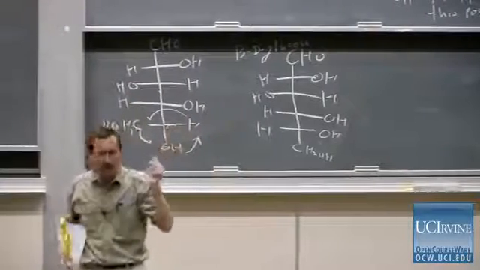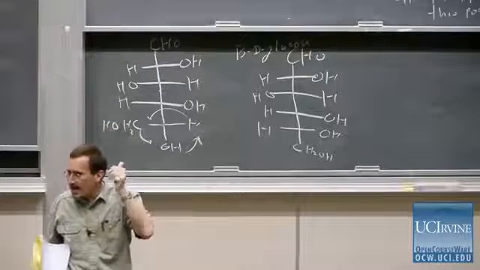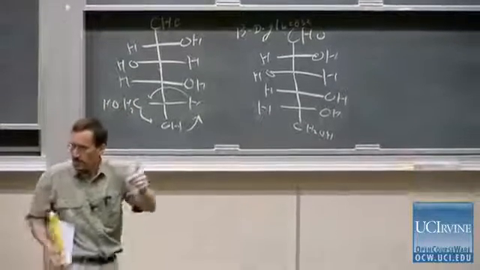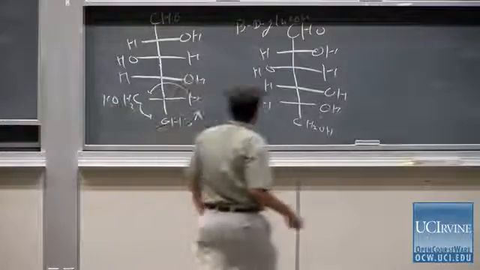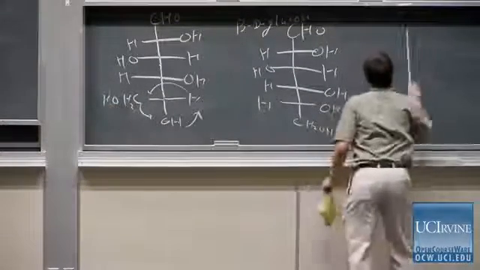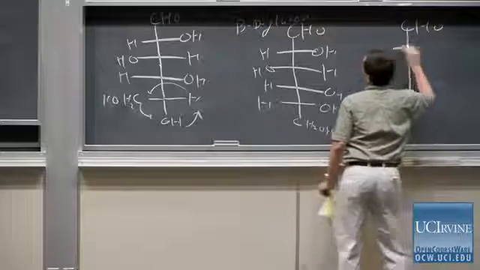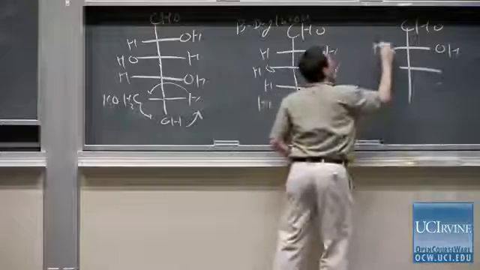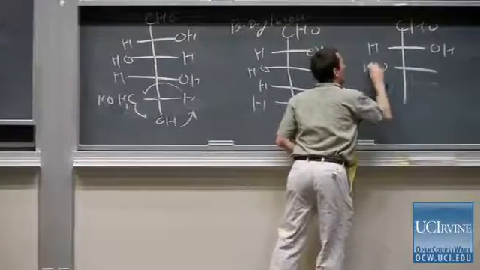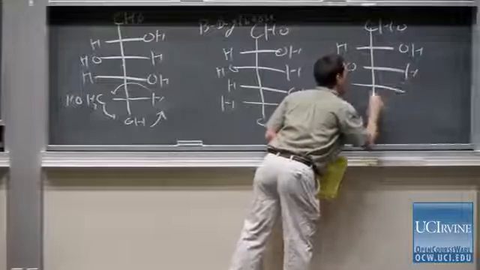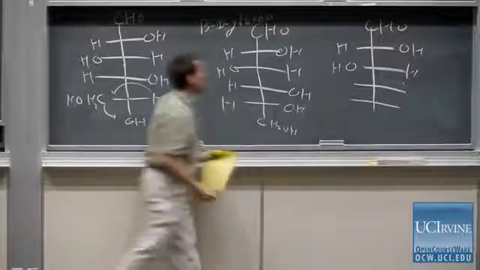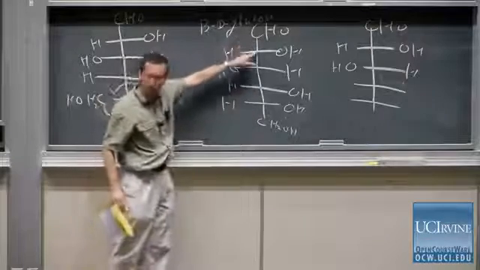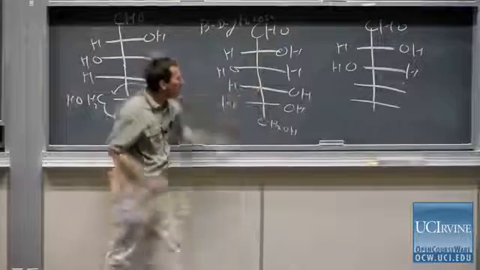So remember, we said galactose was identical to glucose except in the 4 position. So now I look at galactose and I say, all right, if I know the glucose structure, all I need to do to make galactose from the Fisher projection of glucose is to change the stereochemistry at the 4 position. 1, 2, 3, 4.